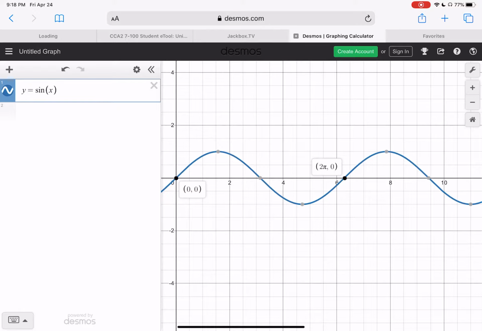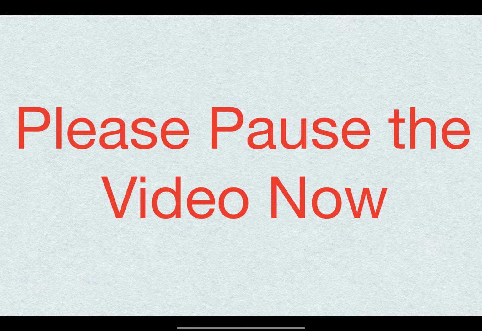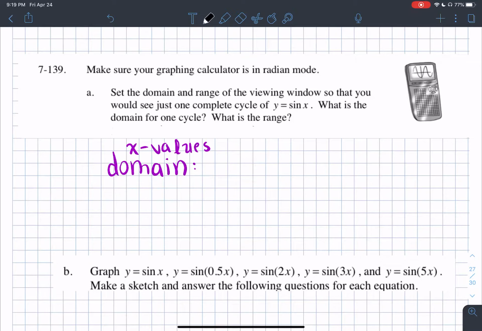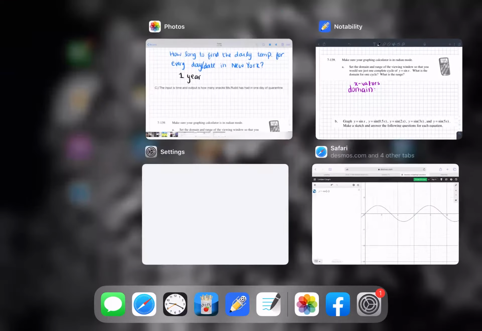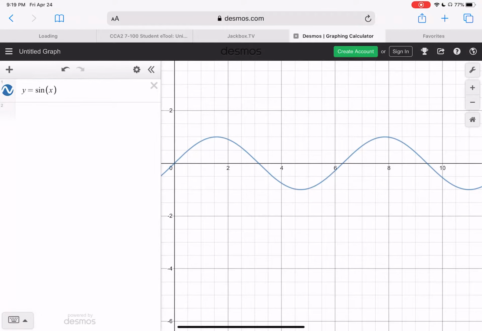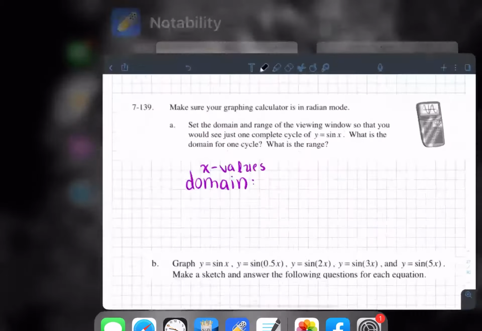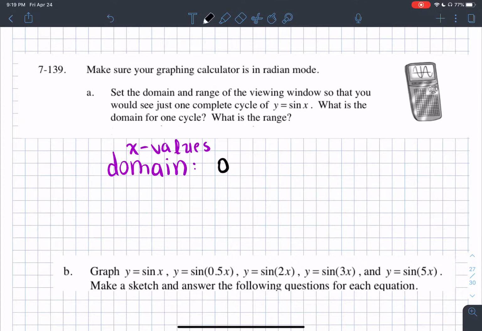So how long is one full cycle of the sine graph? What's that domain? The domain we're talking about goes from here to here. One full cycle goes from x equals 0 to x equals 2 pi. So we could say 0 to 2 pi.